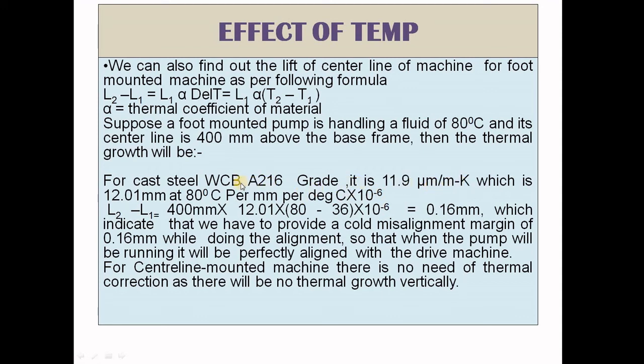At 80 degrees centigrade, the value of alpha will be 12.01 millimeter per millimeter per degree centigrade into 10 to the power minus 6. So the expansion will be 0.16. This much margin we have to leave while doing the cold alignment. When the pump is running and handling the hot fluid, both the pump center line and the motor center line will be on the same center line.